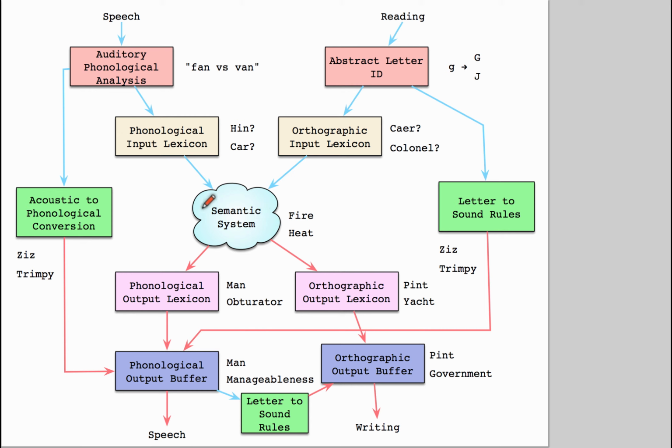So far we've talked about hearing words, reading words. What if we want to produce something? What if we want to speak? Well, we would start here. Right? We start activating the concept that we want to talk about, a semantic representation.